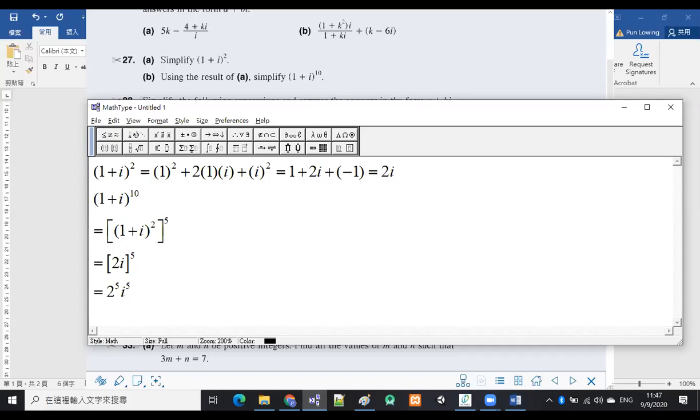So it becomes 2 to the power 5 times i to the power 5. 2 to the power 5 is a number, you may use the calculator to help you. It's 32. And i to the power 5 is just a power of i. Then we use the pattern of 4 to simplify i^5. i^5 will be equal to i^1, that is equal to i. So it is just equal to 32i. That is the answer.